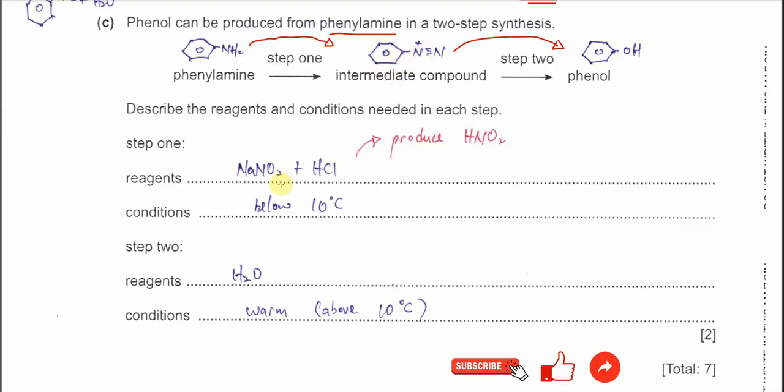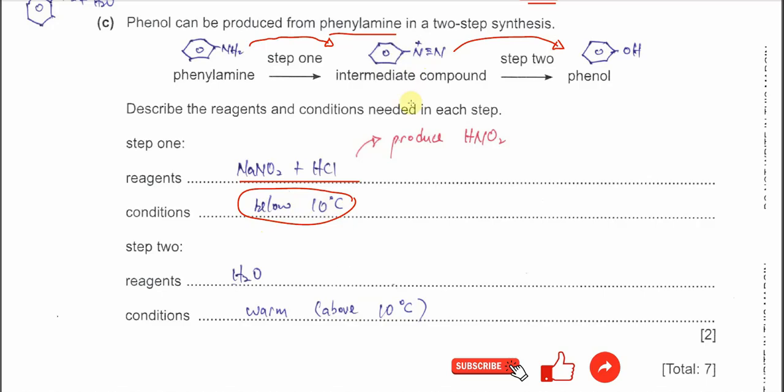So the reagents needed are sodium nitrite with HCl, and the temperature must be below 10 degrees C. Why? Because if it's above 10, the benzene diazonium ion is not stable and will decompose. So we need to make sure it is below 10, then the benzene diazonium ion can be there.